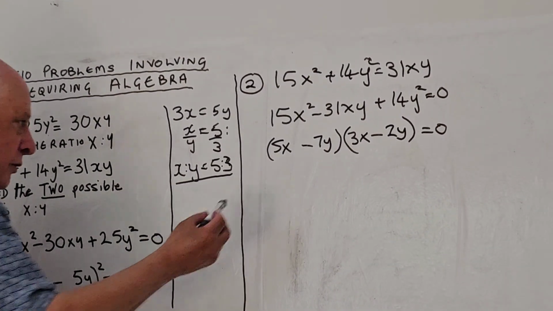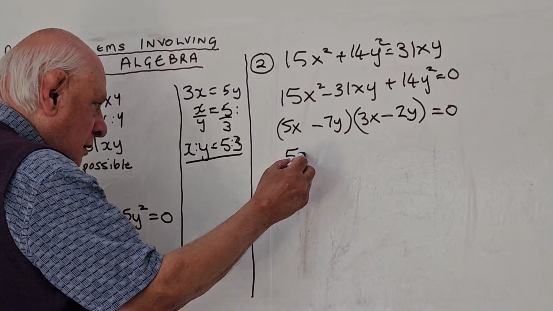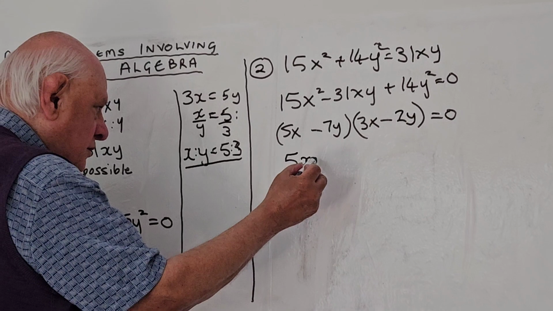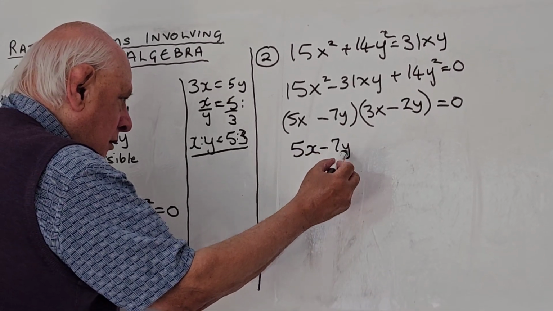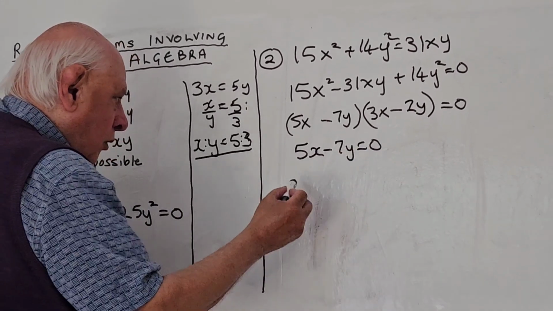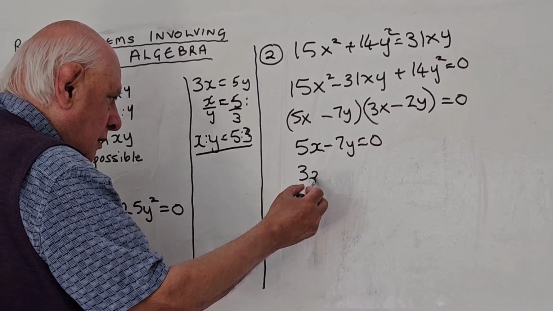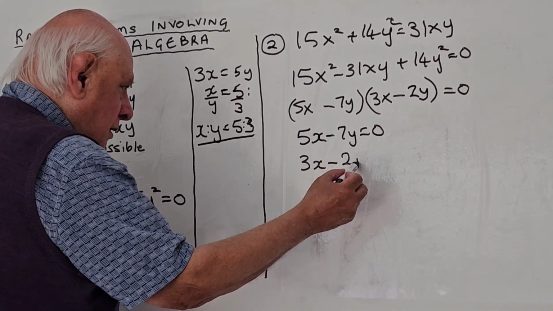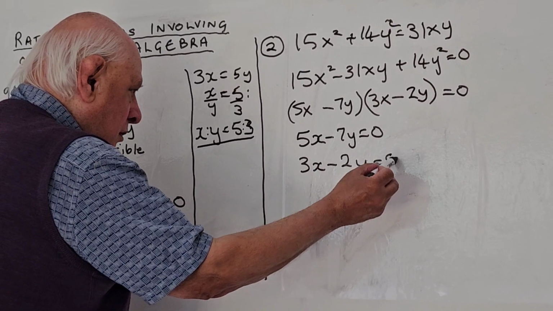And so now we have 5x minus 7y is 0, or 3x minus 2y is 0.